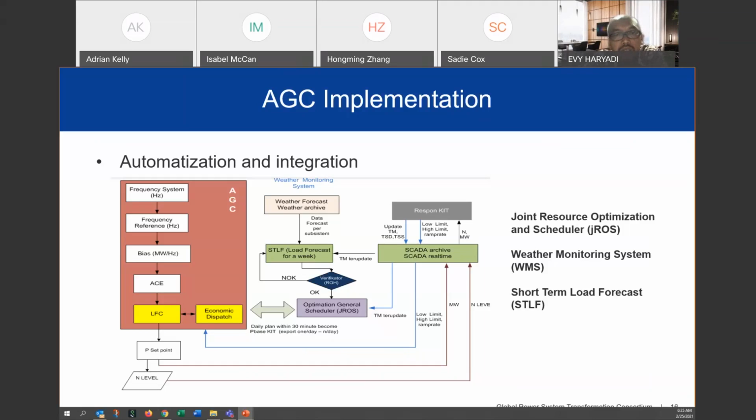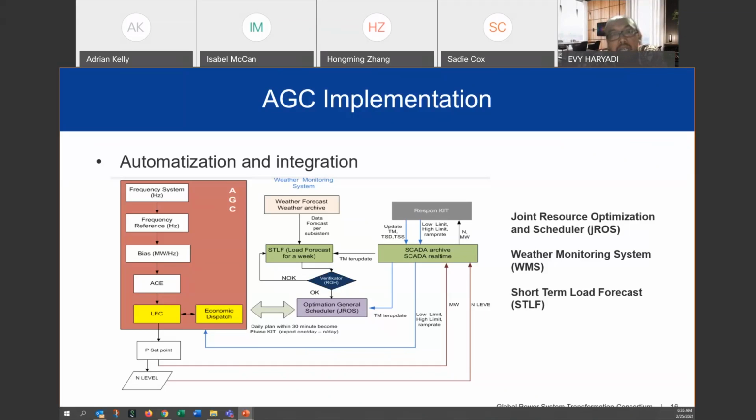And also now we are using weather forecast only for offline forecasting. We need this to be integrated into the new control center so it can make intraday planning. Now we are just using one day ahead planning and we want to start doing intraday planning.